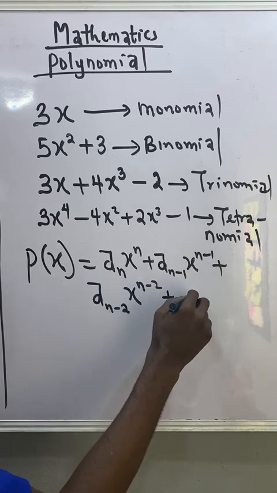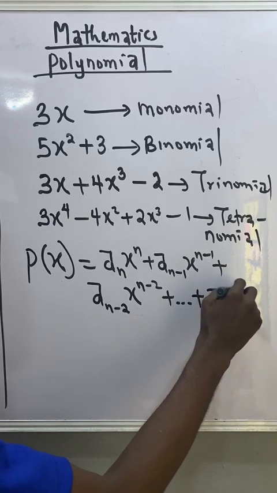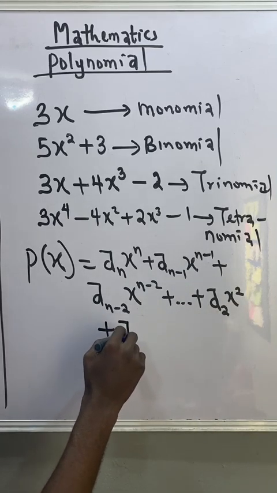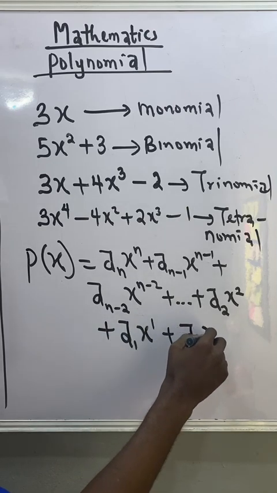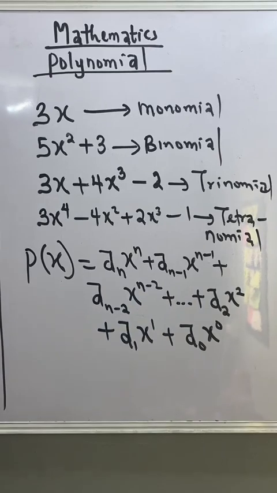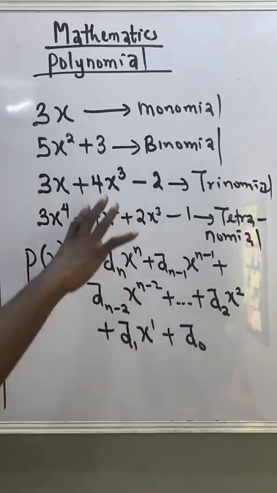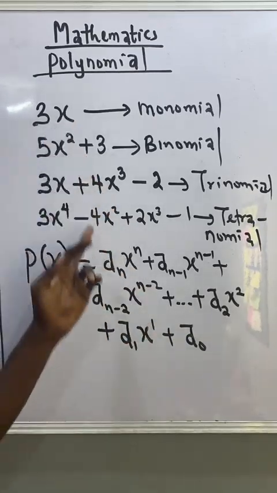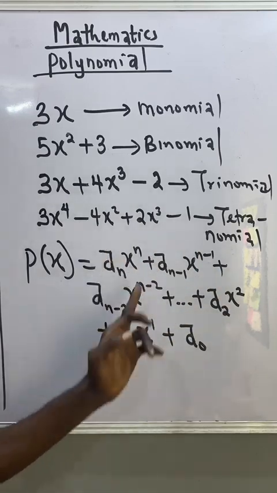It continues like that till we get to a_2 x squared plus a_1 x raised to the power of 1 plus a_0 x raised to the power of 0. Because x raised to 0 is 1, you can just neglect it and remove the x raised to power 0. All these polynomials conform to this general polynomial expression.